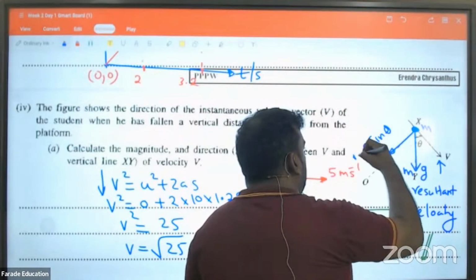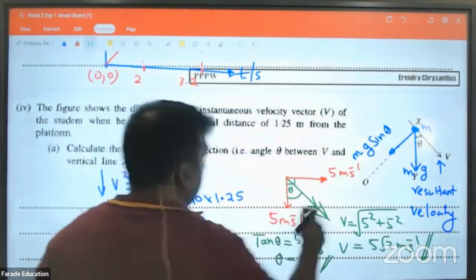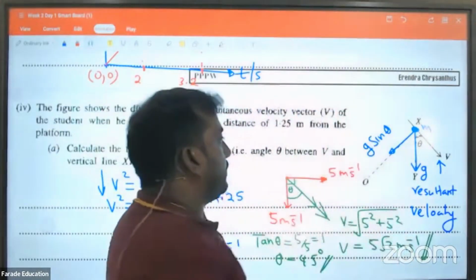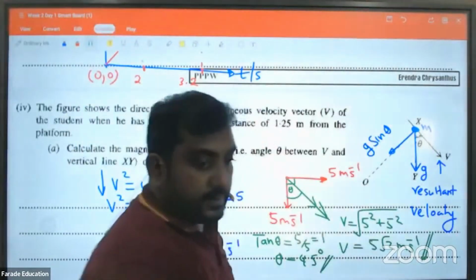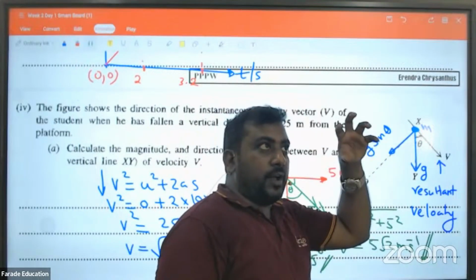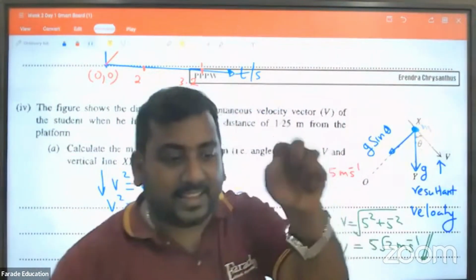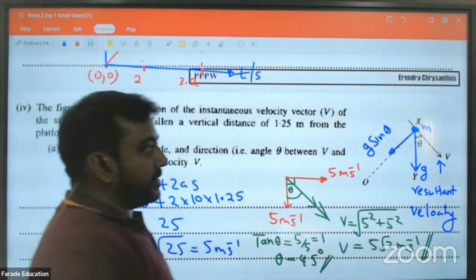Who is providing? If you look at the gravity even here, g cos theta, g sin theta. g sin theta is acting to the center. So acceleration acting to the center means what? Centripetal acceleration. Some of you all won't think that.